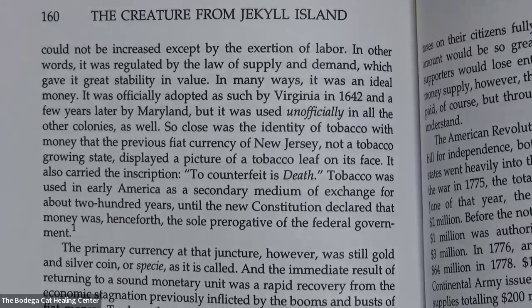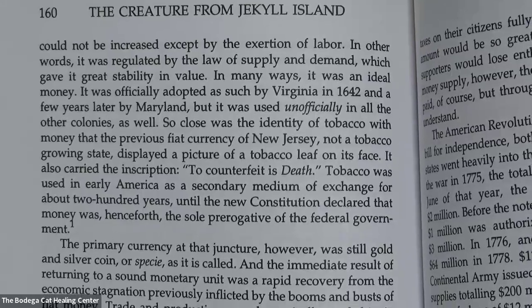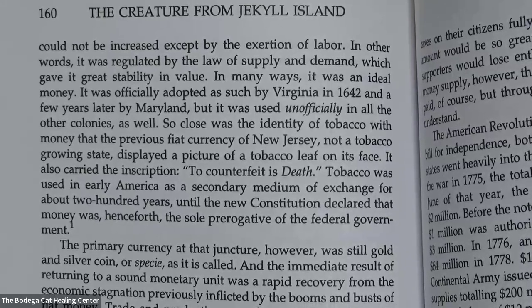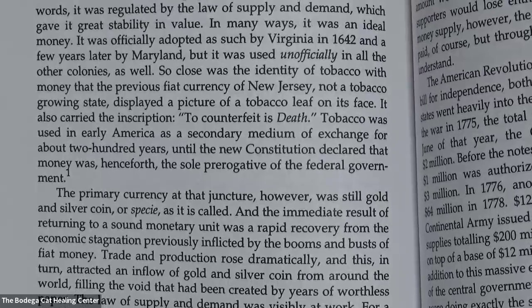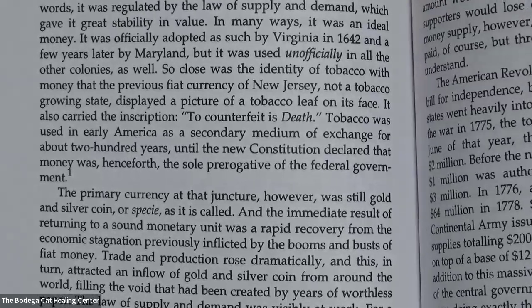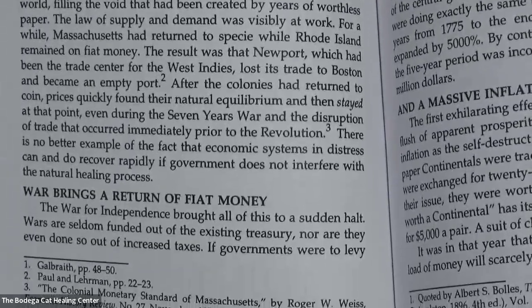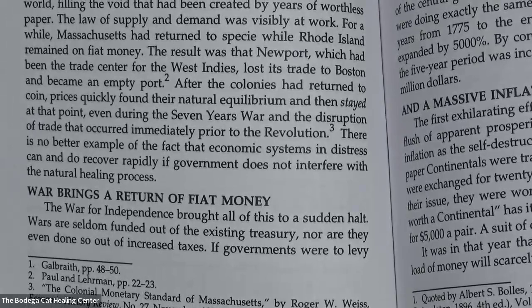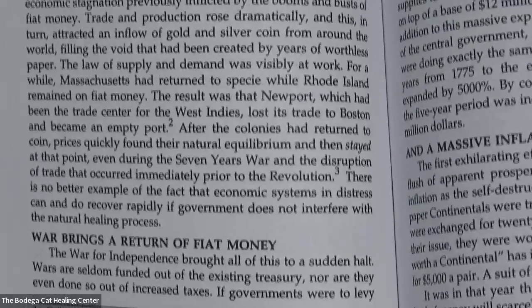It also carried the inscription, "To counterfeit is death." Tobacco was used in early America as a secondary medium of exchange for about 200 years, until the new Constitution declared that money was henceforth the sole prerogative of the federal government. And that quote was from Galbraith, page 48 to 50.